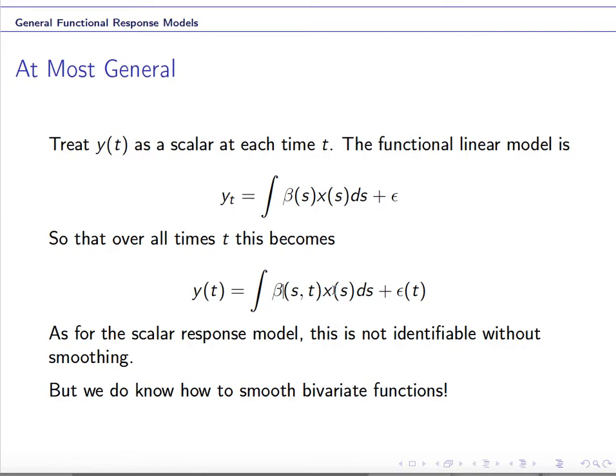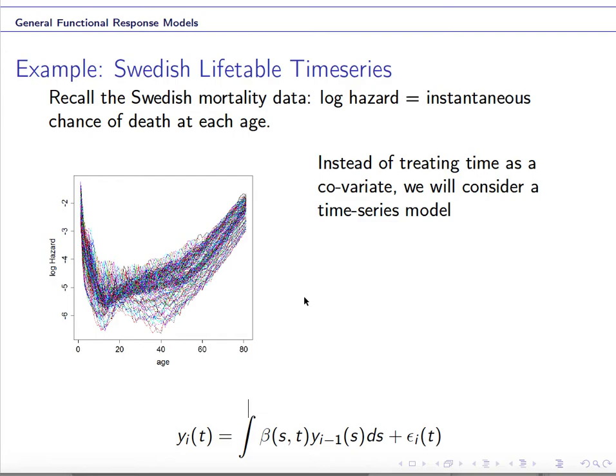So this is the second type of functional linear model. Here x is a function, and the range of s covers the whole time interval. The value of beta(s,t) represents the effect of x at time s on the value of y at time t. So here we have a bivariate coefficient beta(s,t).